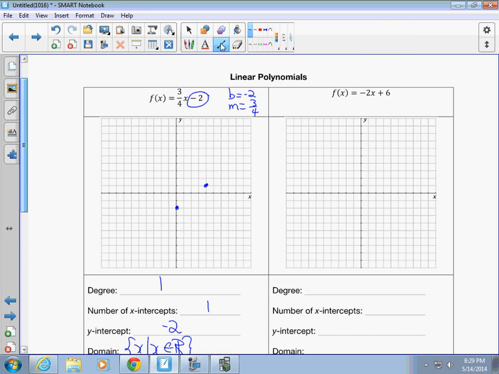Now I draw my line from there. Just going to slide it over a little so it's actually lined up. And there you have your linear function.